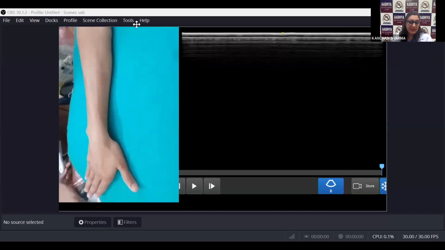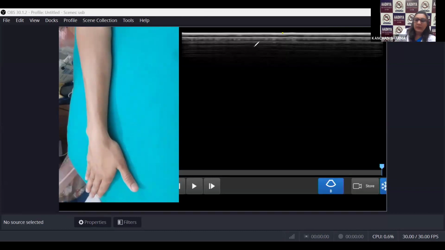So it's resting there. I'm using a high frequency probe of 20 megahertz because we need to see something very, very superficial today, approximately at a depth of 1 centimeter. So I have set the depth also at 1 centimeter.